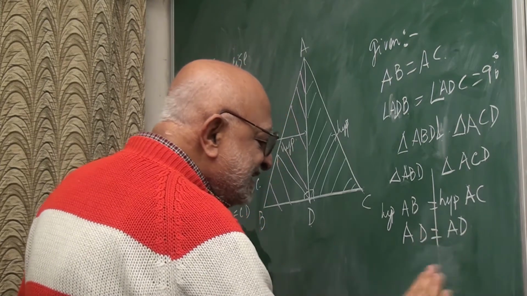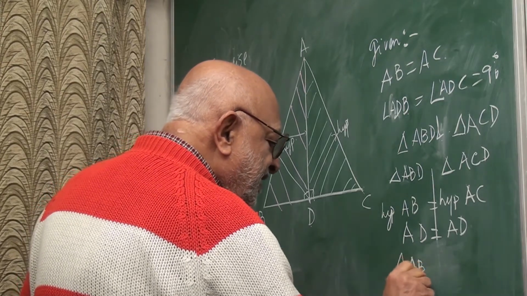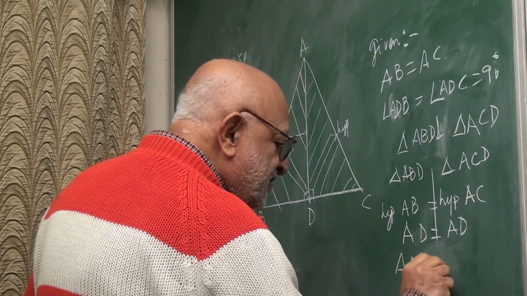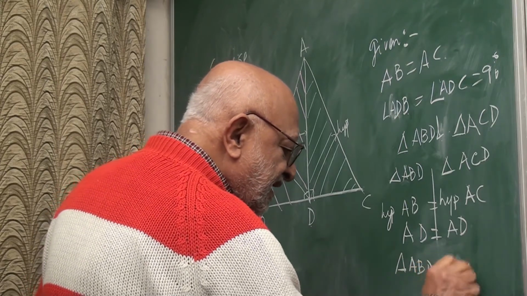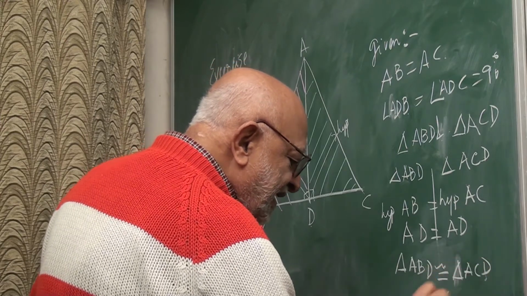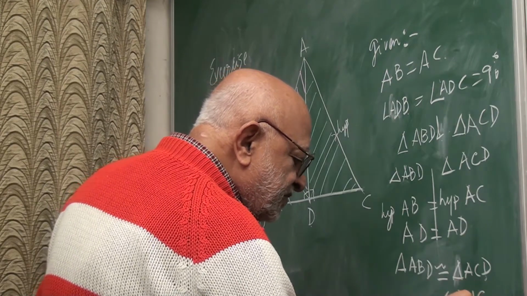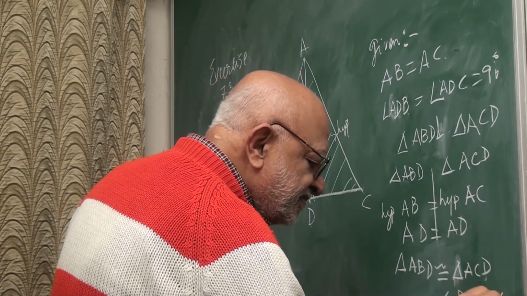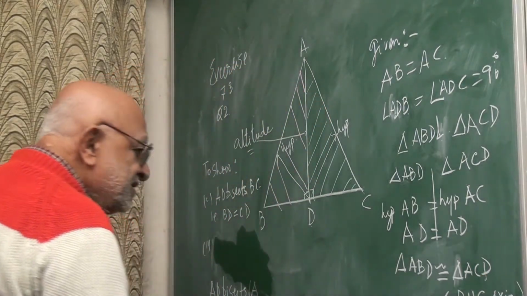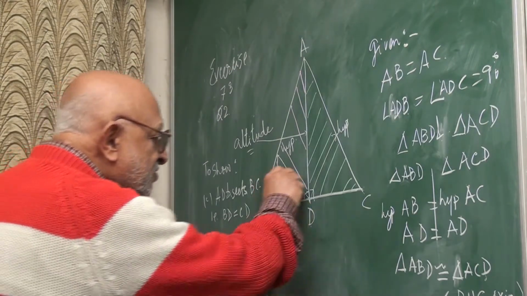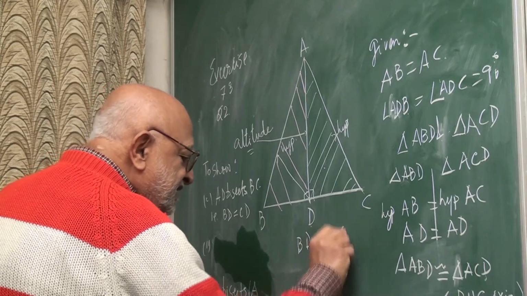So I can easily say now that triangle ABD is congruent to triangle ACD by the right angle hypotenuse side axiom. This is pretty easy. If they are congruent, then I can write BD is equal to CD, that is CPCT.